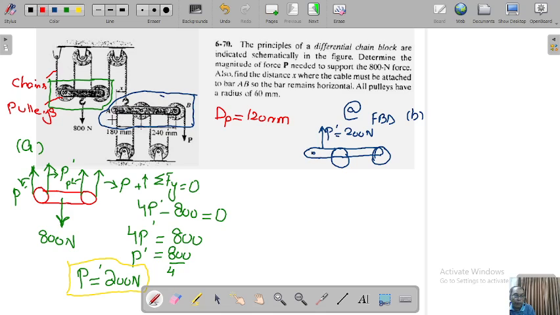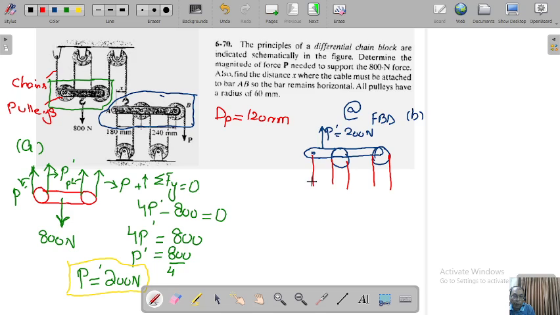From this diagram, there is one cable here acting downwards, another cable here, then another cable, then another here, and another here.